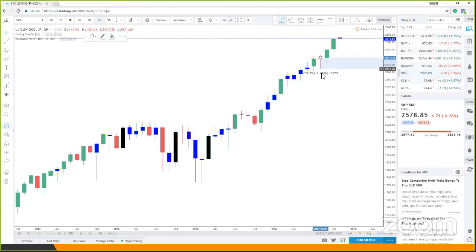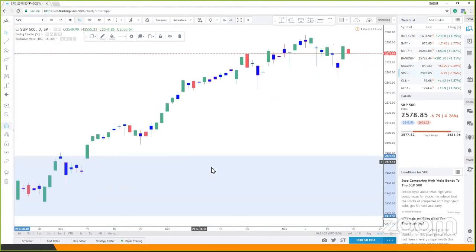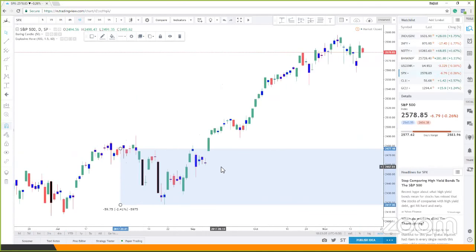And this could be the area of demand. So we are at 25.78. We'll have to wait for some deep corrections, 24.77, which is where we can start looking for some long opportunities.